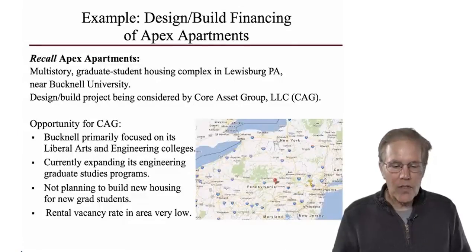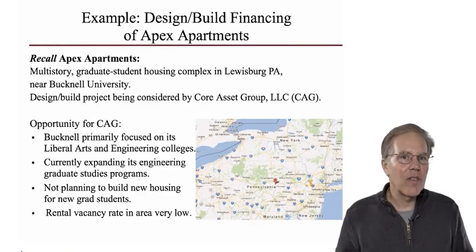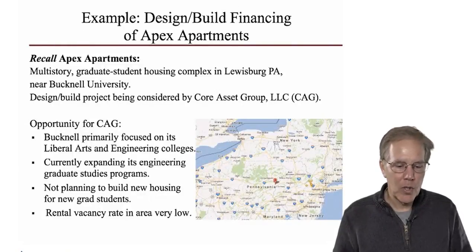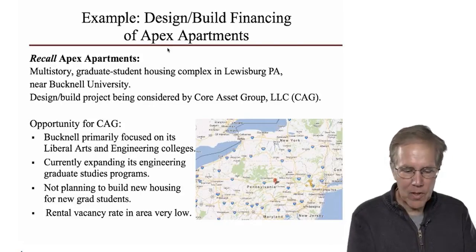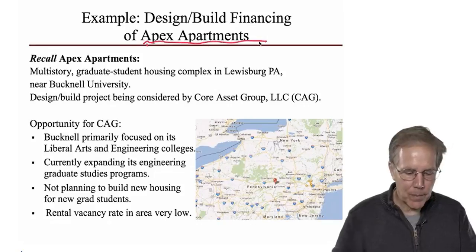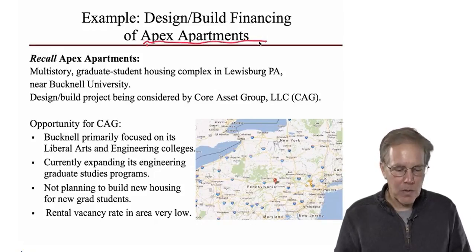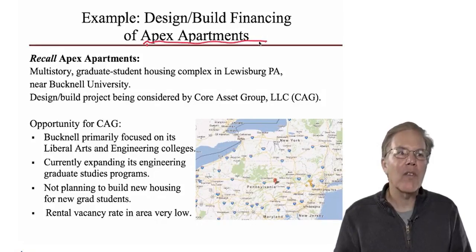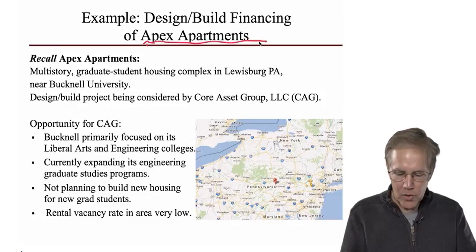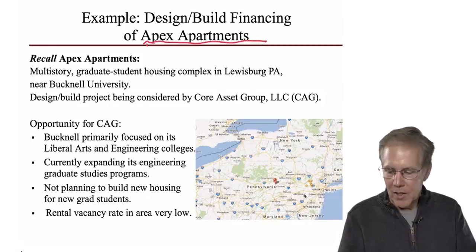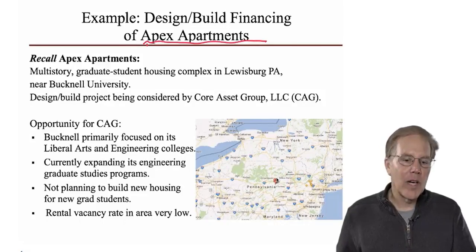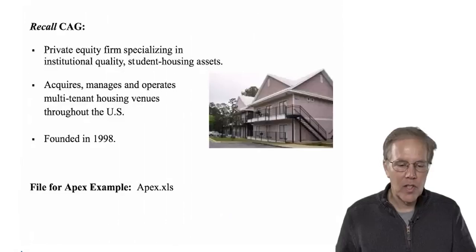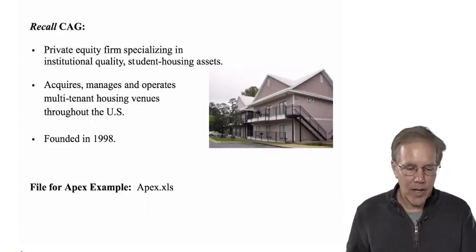So we're going to do this through the lens of the same example we looked at for our feasibility study, the Apex apartments here. And so I'll just very quickly review what we know about the Apex apartments. So the idea is if they get built, they're going to be built here in Lewiston, Pennsylvania, near where Bucknell is, and for graduate students in Bucknell's emerging graduate engineering program.